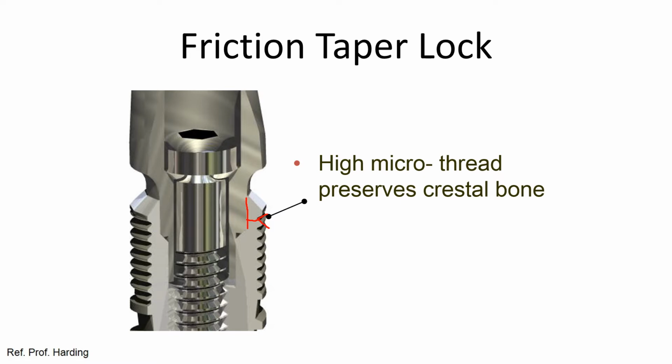As we move down the implant, we can see that this distance starts to increase. This improves the strength of the head of our implant. So this area is very important in maintaining the integrity of the implant and avoiding fractures of the implant itself. Obviously, a fractured implant, although a rare event, is quite a serious event and is very difficult to manage.